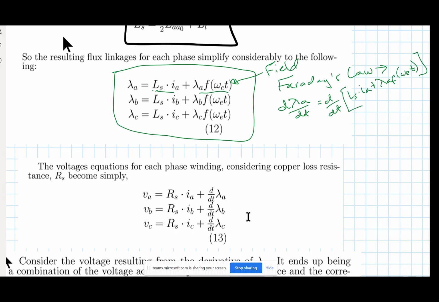Taking the derivative, what is time dependent? The current is the only time dependency here. That's the same as saying LS dIA dt. And then we'll just say d lambda AF dt, which we know what that is.